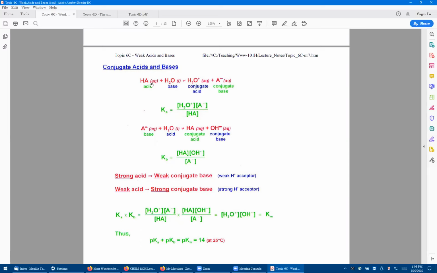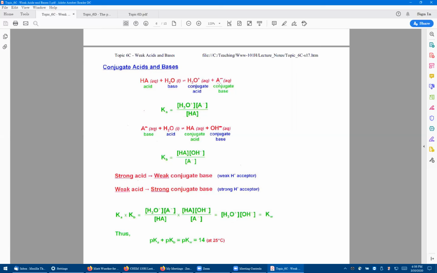It accepts a proton from the HA to form hydronium ion, which is the conjugate acid of water. The conjugate acid is simply something that has accepted a proton when it was acting as a base, to form, in this case, H3O+ and A-, which is the conjugate base of HA. So the conjugate base of anything is what remains when it has donated a proton.